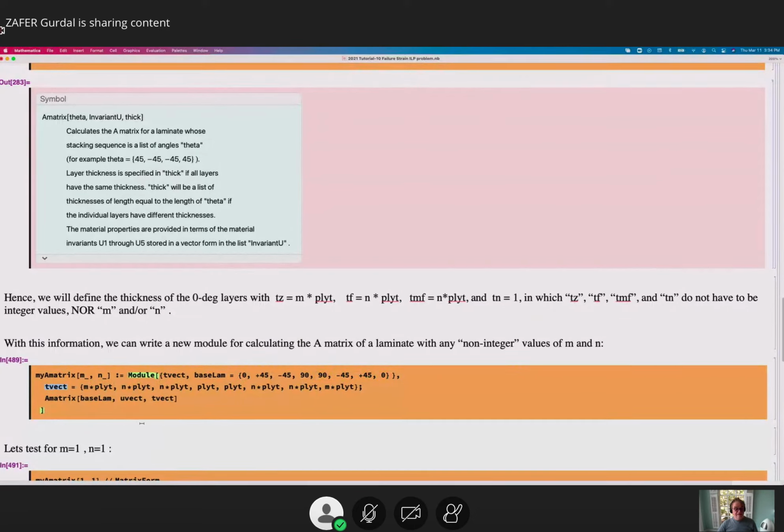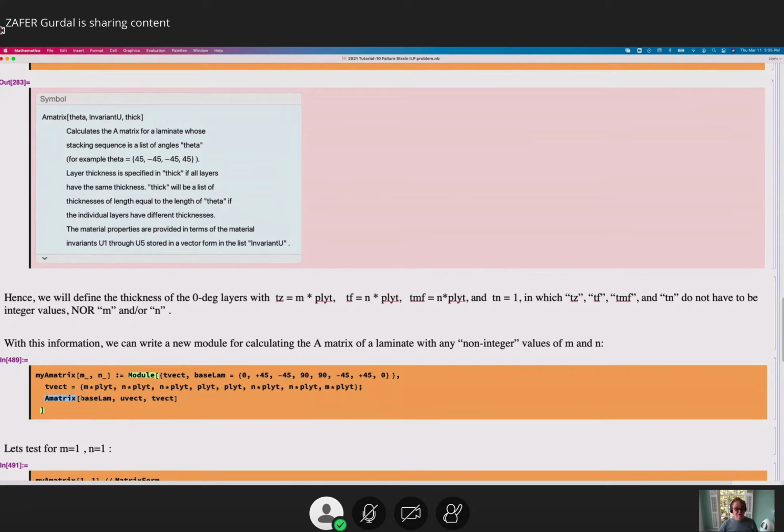And I define my thickness of the individual layers to be m times ply T, which is the thickness of the 0, n times ply T, which is the thickness of plus 45, n times ply T, which is the thickness of minus 45, and ply thickness of the 90, and its mid-plane symmetric part. And then I call my A matrix calculation.